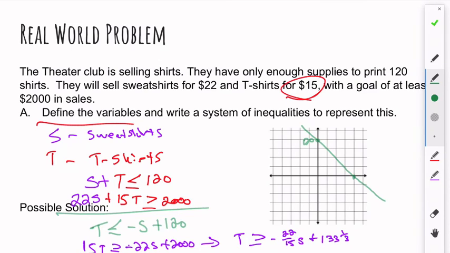And then for my other one, it says that my y-intercept is 133 and a third. So I'm just going to put that up here, just above that a little ways. And it says that it's sloping down at negative 22 fifteenths. Well, if I divide that out, that's kind of sloping down at close to negative 1.5 or so. What's interesting with this piece is that on this large of a scale, it's a little bit hard to graph.